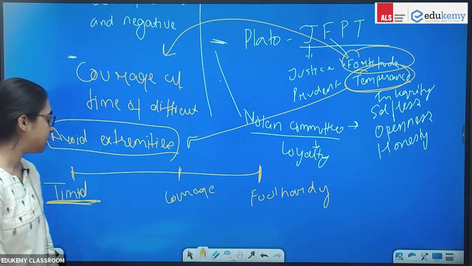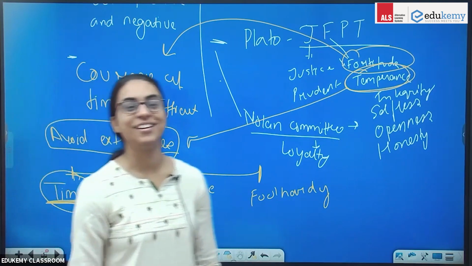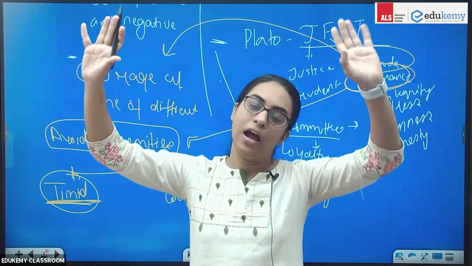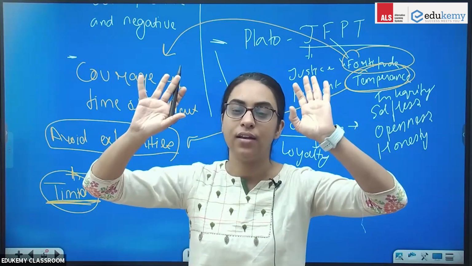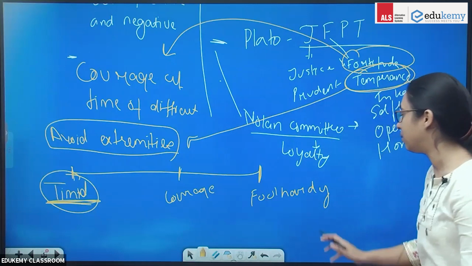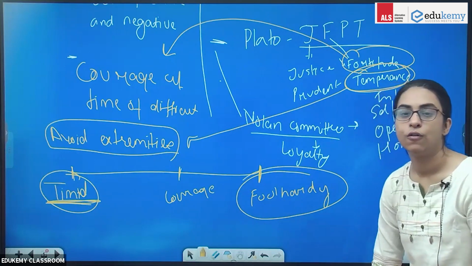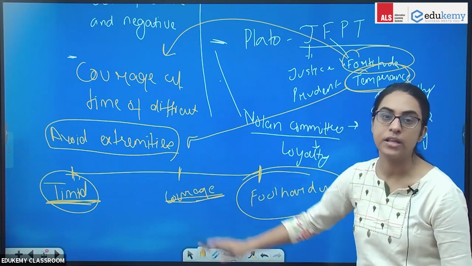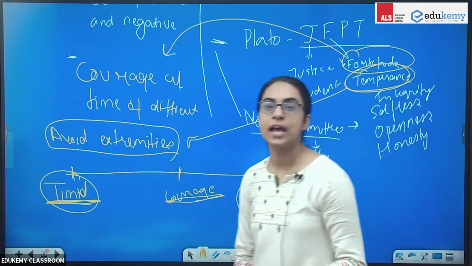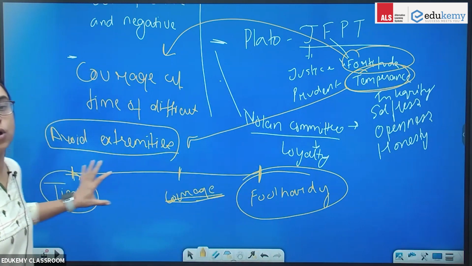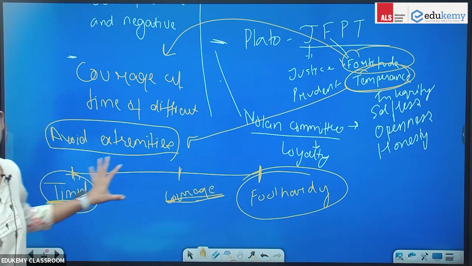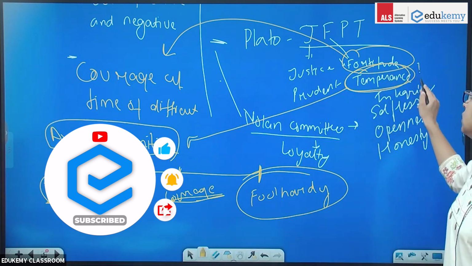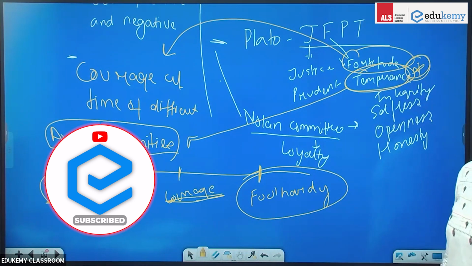The other would be foolhardy, a person who will ride the bike with both hands in the air, thinking I am God. So courage becomes temperance. Do you understand? A person who follows temperance avoids extremities. So this is a virtue that a person should follow. Temperance.